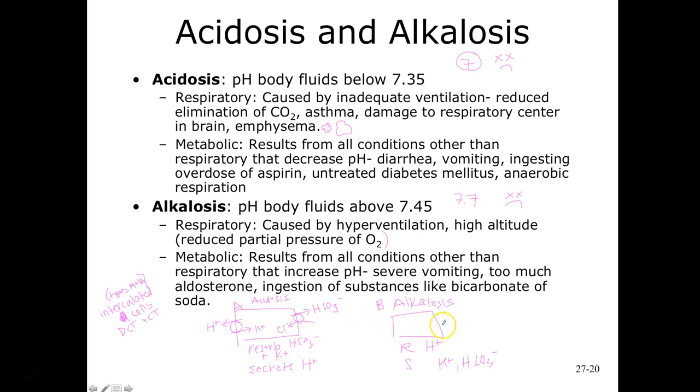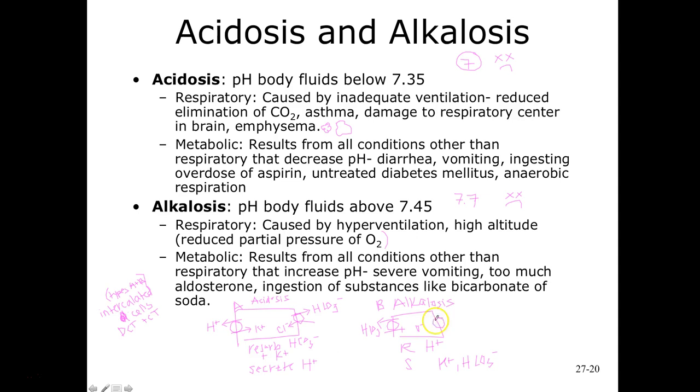If we look at our type B cells, they're going to do the same thing, but just opposite. Here's my transporter, and I am pulling out the bicarb ion here to secrete it and pulling in the chloride. Oh geez, this is looking really messy.